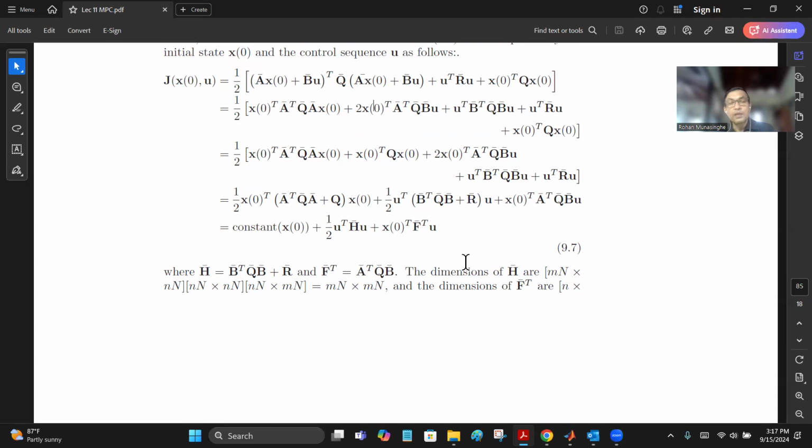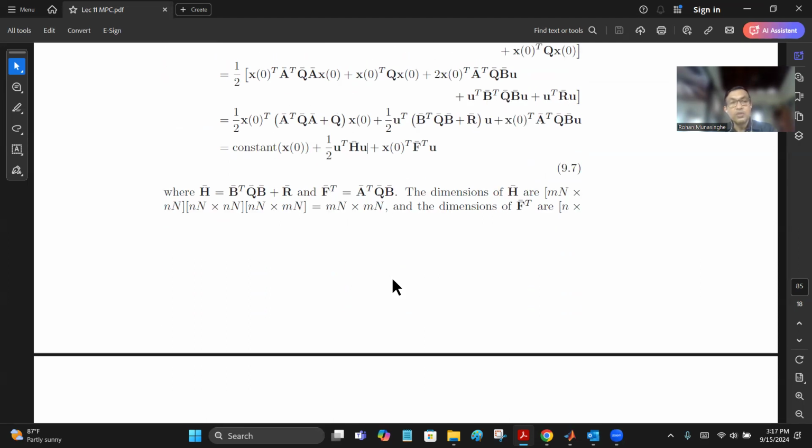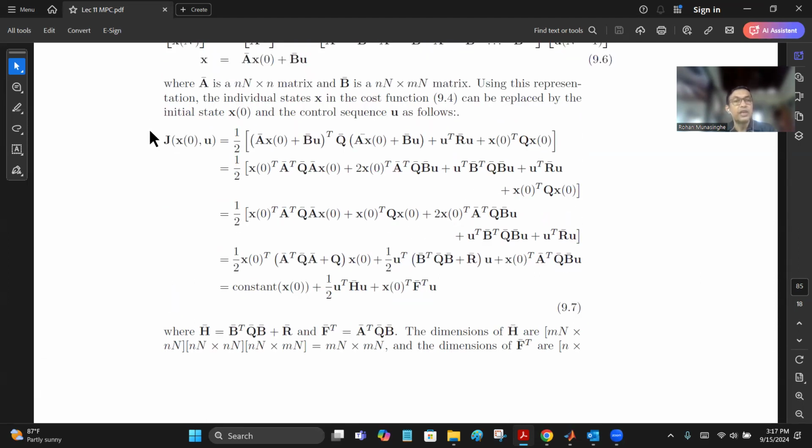Now both of these terms depend on u, but how it is arranged is different. The first term is u transpose h bar u, the other one just u. Now it's time to differentiate cost j with respect to u.